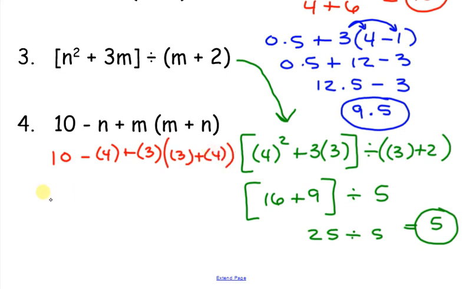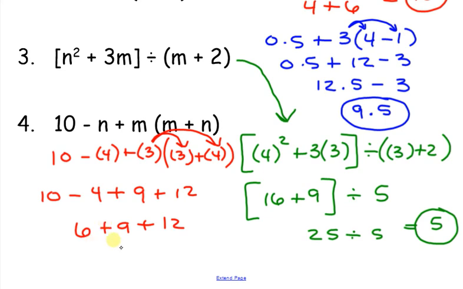All right, so we have 10 minus 4 plus, I'm going to distribute, 3 times 3 is 9, then bring down my plus, and 3 times 4 is 12. So I have 10 minus 4 is 6, plus 9 plus 12. 6 plus 9 is 15 plus 12, and 15 plus 12 is 27.